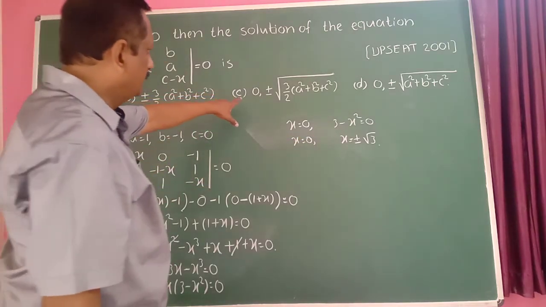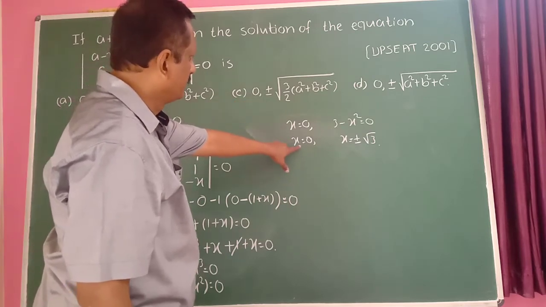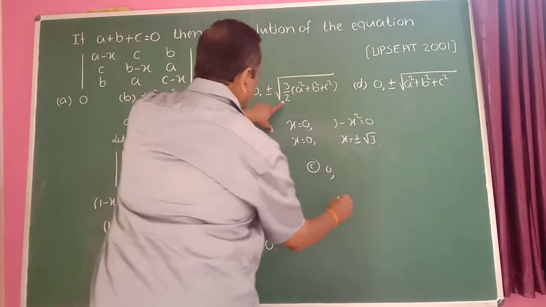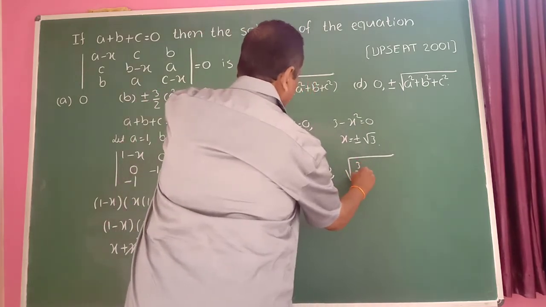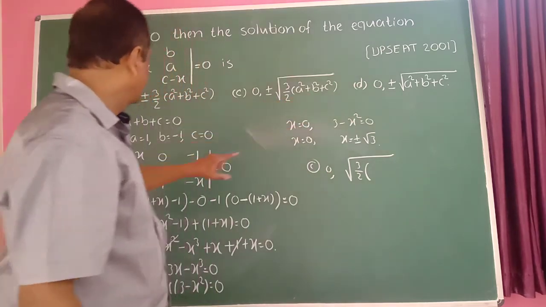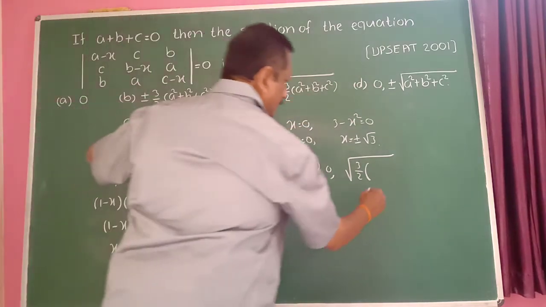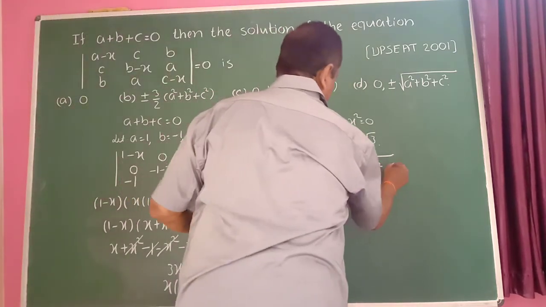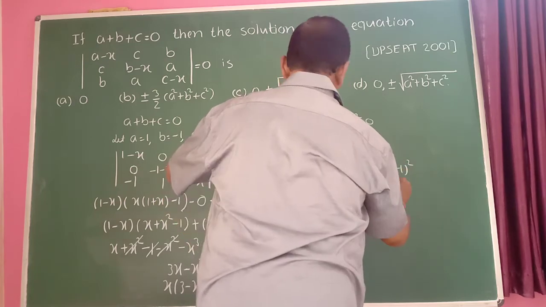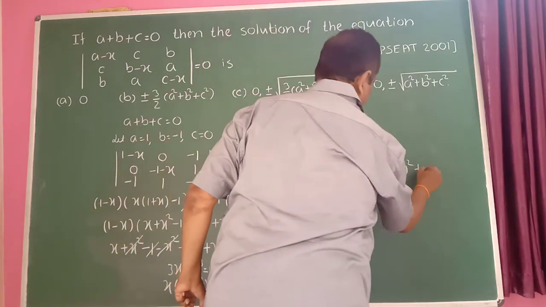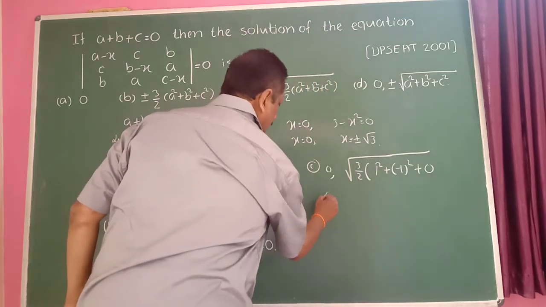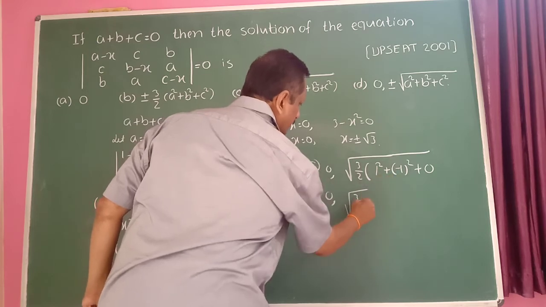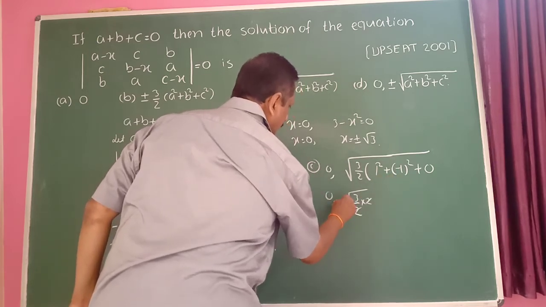And in the third option, x is 0 is there, and root of 3 divided by 2 times a squared plus b squared plus c squared. A value is 1, so 1 squared, b is minus 1, so minus 1 squared, and c is 0, so it becomes 0. Therefore 0 comma root 3 divided by 2, 1 plus 1 becomes 2, 2 and 2 cancel.